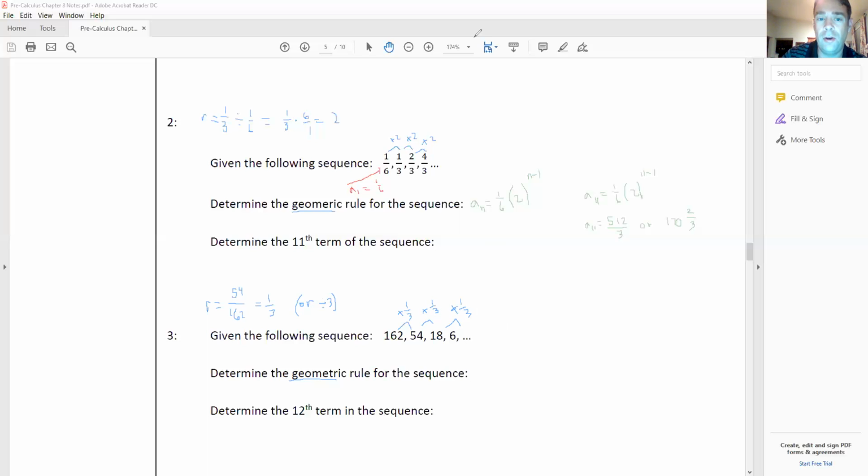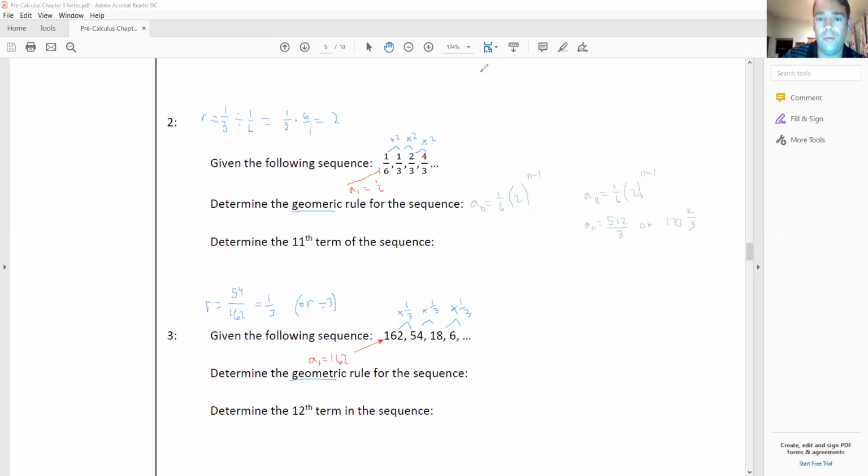And now we got to go ahead and get our A value. So again, the A value is always the initial term. So our first term is 162.